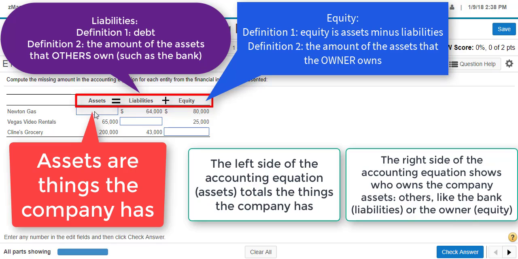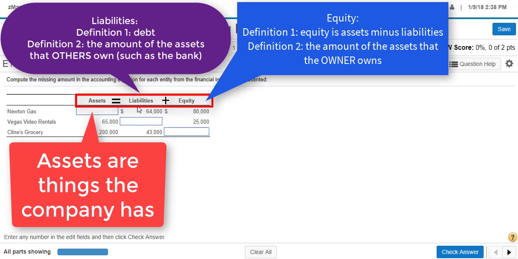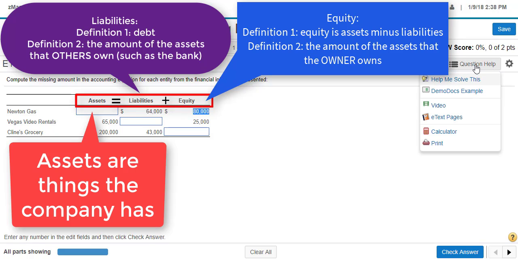And so that's just an explanation of how the accounting equation works. Our task here is to find the missing amount. So the formula again, assets equals liabilities plus owner's equity. So obviously, assets is going to be this number plus this number. Now let's demonstrate how the calculator works.